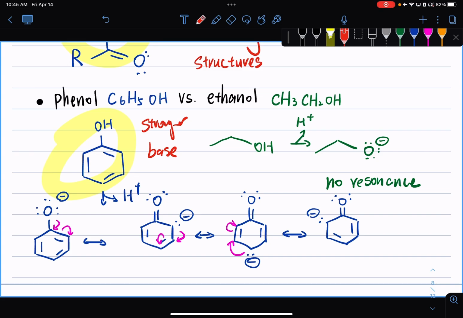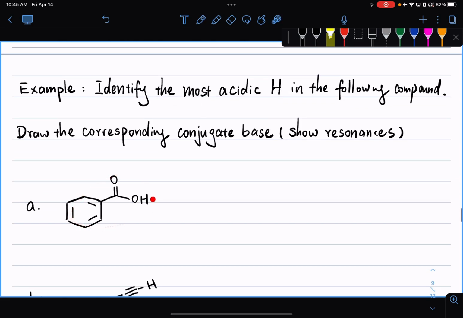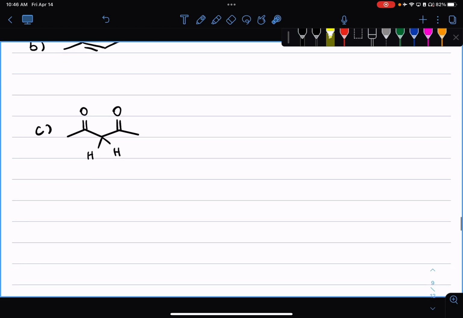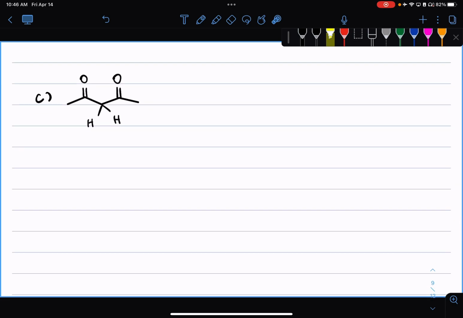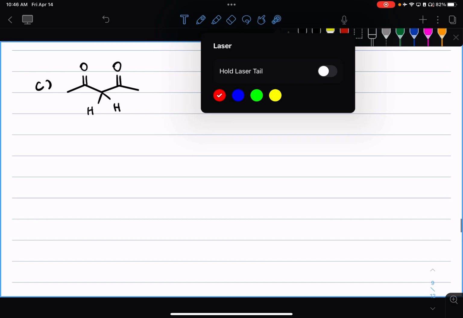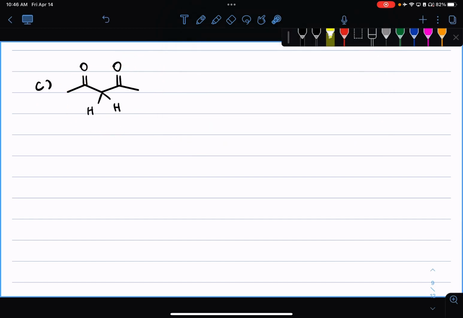All right, so let's do one more example together. And then you can work on these practice problems yourself, because these are just generalized practices. First of all, draw your conjugate base, and then show all the resonance structures with it. Okay, so let's do one example together. That's this one. Now when we're talking about drawing the conjugate base of this molecule, you actually have two different choices.